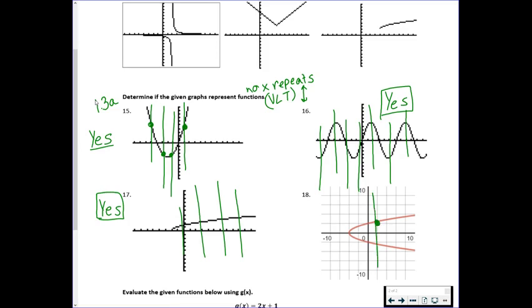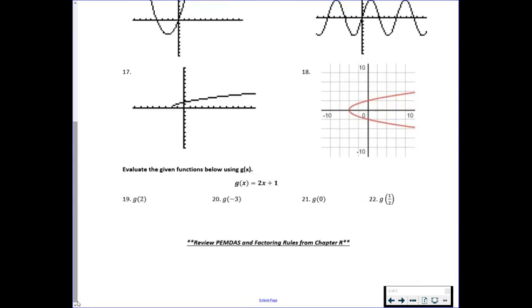Oops, crosses once here and once there. Since it crossed twice through one line, this is a no. It is not a function because the x value repeats there and there. Whatever that x value is, which looks like 2 from our graph, it repeated twice, which means it is not a function.